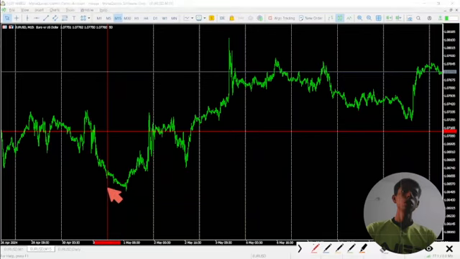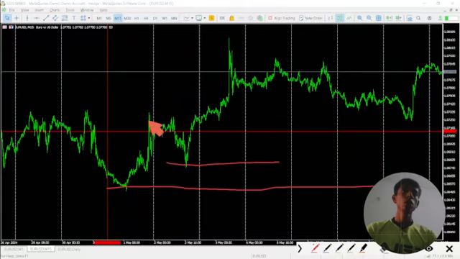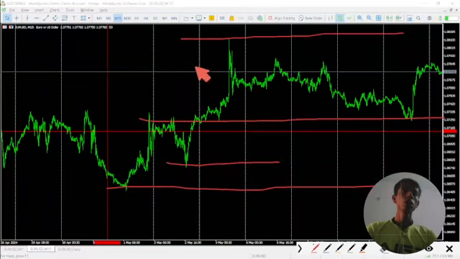This can be a support level because the price started from here. We have this level and this level that the price is actually fluctuating around, and we have this level, and this is a major resistance level. This was previously a resistance, then it got broken, and now it's acting as a support.